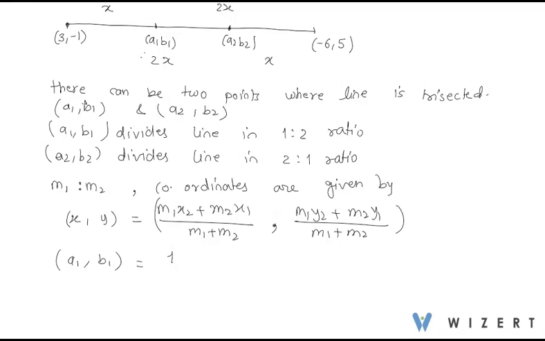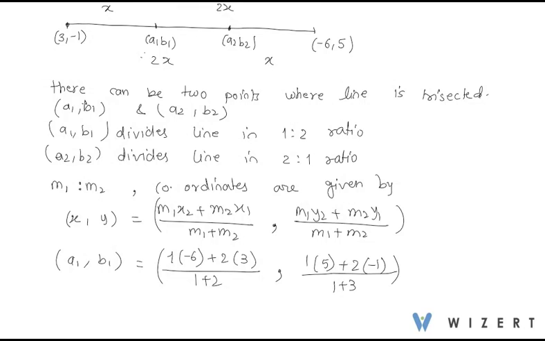So 1 into x2, which is -6, plus 2 into x1, which is 3, divided by 1 plus 2, comma, 1 into y2, which is 5, plus 2 into y1, which is -1, divided by 1 plus 2. So these are the required coordinates.